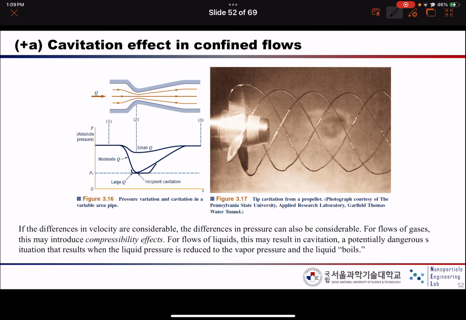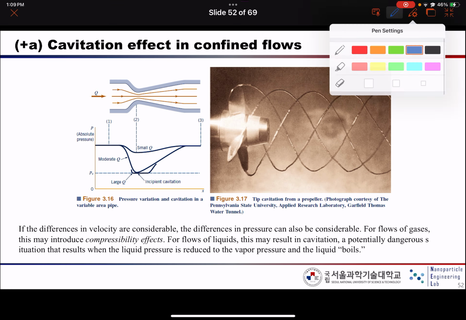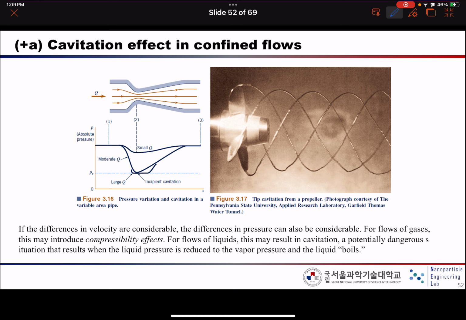And this is the plus alpha concept, the cavitation effect in confined flows. So if flow is coming from here to here, you can draw the streamline, right? But because of the large pressure difference, the pressure difference can also be considerable.